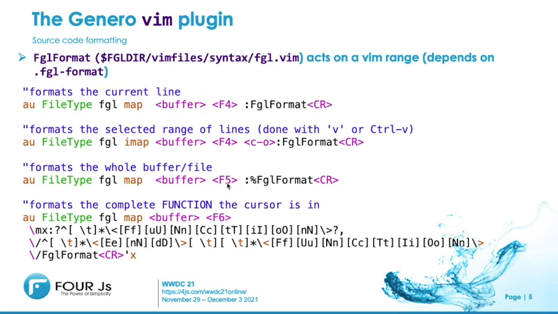In this command I say I want to format the whole file. The % means I have the whole file. And last but not least, there is a nice definition which searches backward for function and forward for the end of function to format the complete function your cursor is in. Again, small demo.